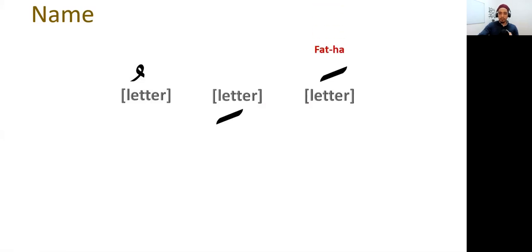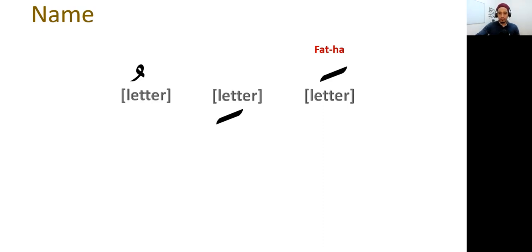Let's just add the names here. So the dash on top is called a fatha. Now, I don't expect you guys, especially beginners, to pronounce that word perfectly. And don't worry about that, because remember, it's an Arabic name. There's a letter in there that we haven't done yet and you don't have an English equivalent. But try your best to say fatha.